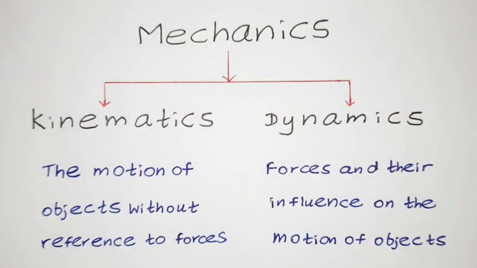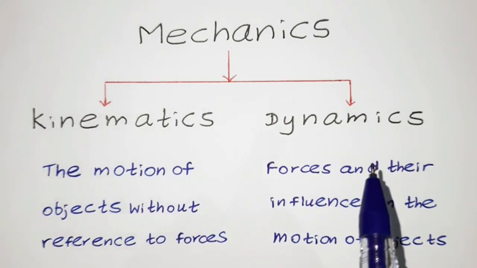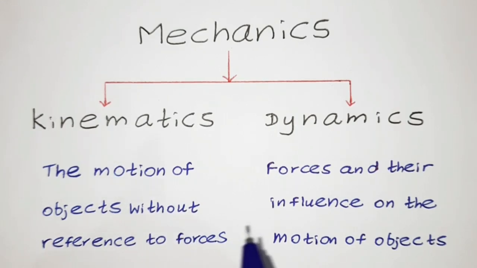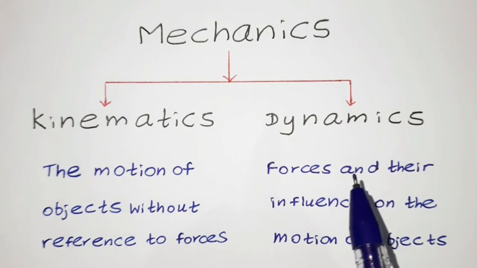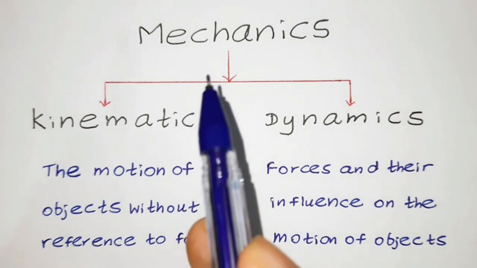Kinematics describes the equations of motion of objects without reference to forces, whereas dynamics is the study of the effect of forces and other influences on the motion of objects. These two subtopics combined together form mechanics.